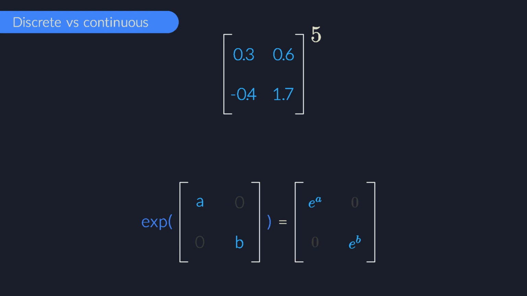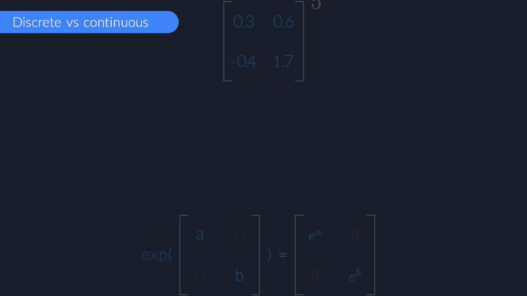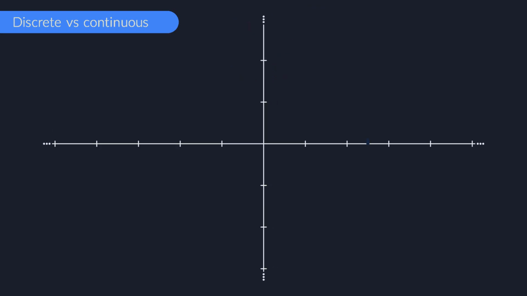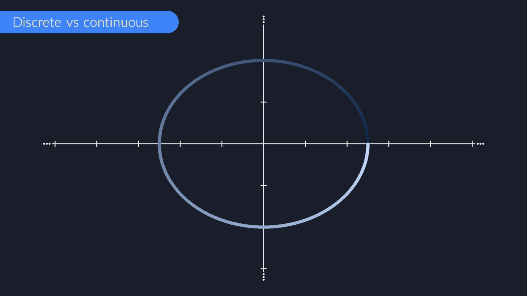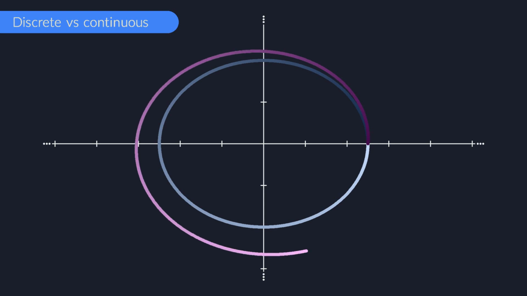So what happens to a continuous system in the long term is determined by the exponentials of the eigenvalues. That's why this time we no longer care whether the eigenvalues are smaller or larger than 1. Instead, we care about the sign of the eigenvalues, because positive exponents make our system explode to infinity, while negative ones slowly settle down.